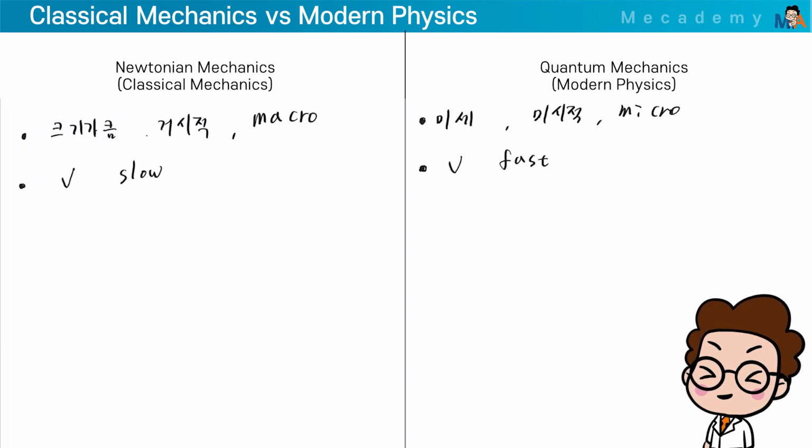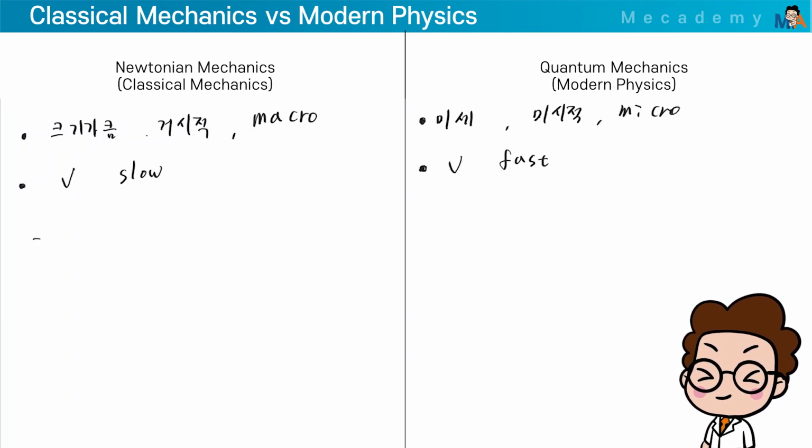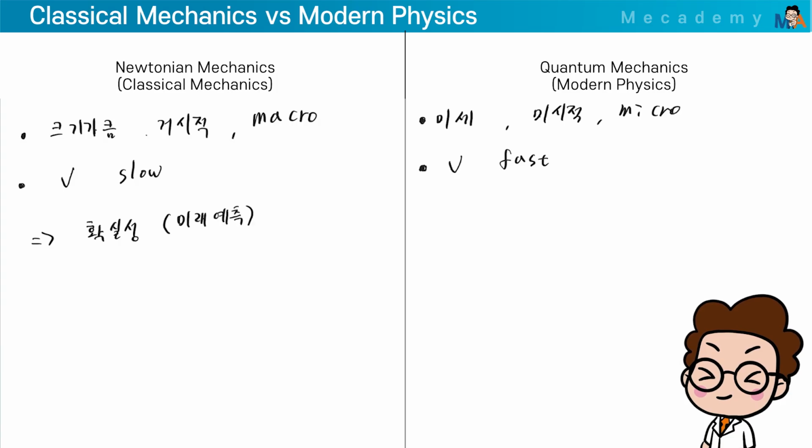These two characteristics lead to a key principle of Newtonian mechanics: certainty. Because we're dealing with visible objects at relatively low speeds, we can know exactly where an object is. This is why Newtonian mechanics is used for predicting the future. In quantum mechanics, however, things are so fast and invisible that they can only be described probabilistically.